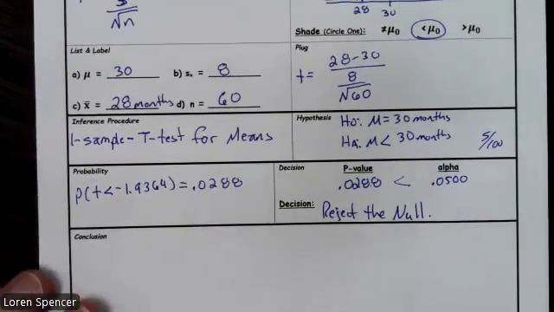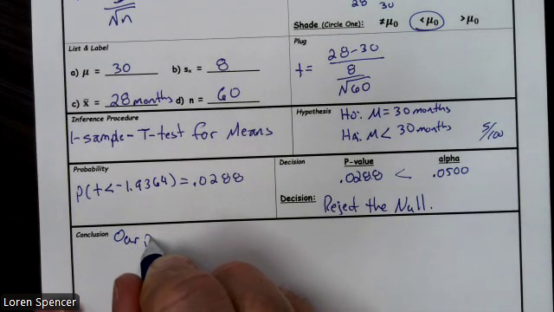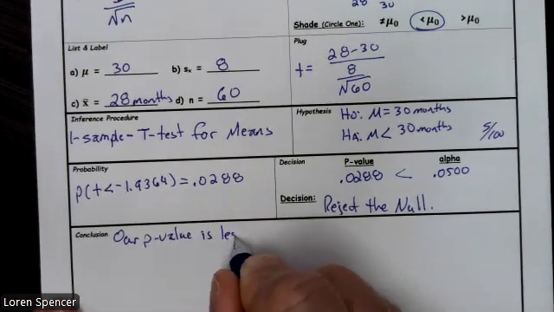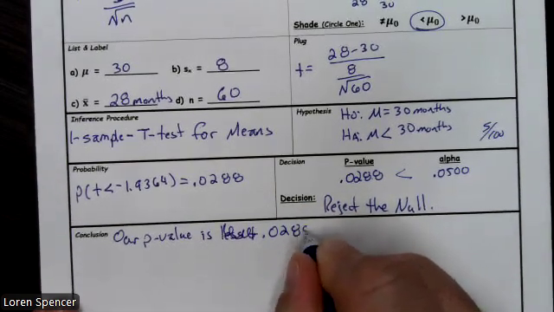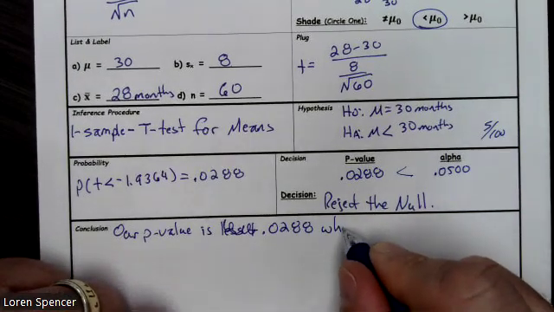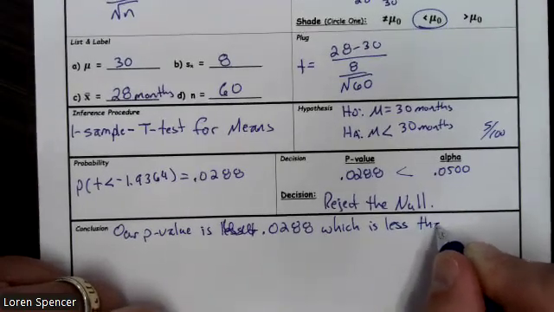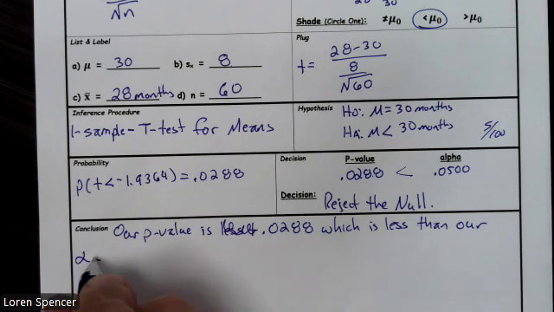So our conclusion is our p-value is 0.0288, which is less than our alpha equal to 0.05.